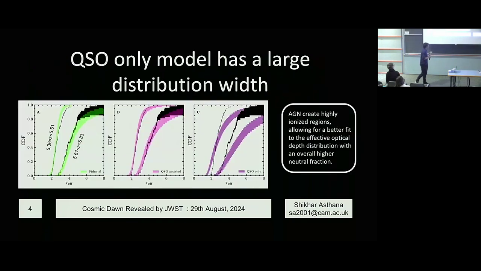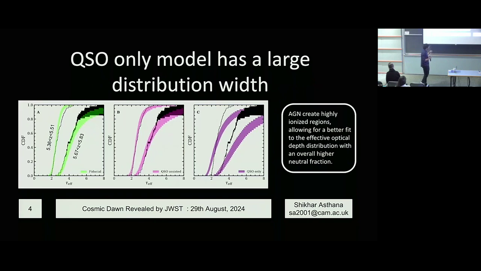I'm showing the optical depth distribution, which was previously shown by Martin. On the left are the galaxy-only models, and the black points are the data. The galaxy-only models fit quite well. Towards the end of reionization, it doesn't have enough neutral regions to be right on the money, but it is well within the observational constraints.